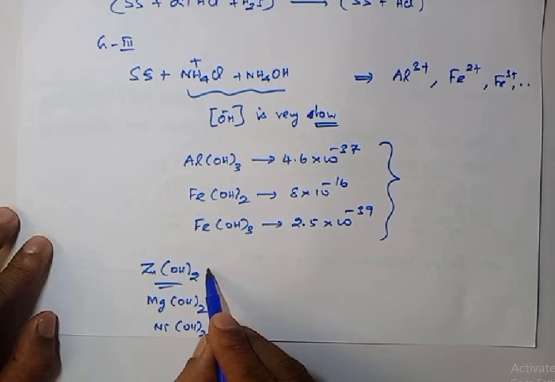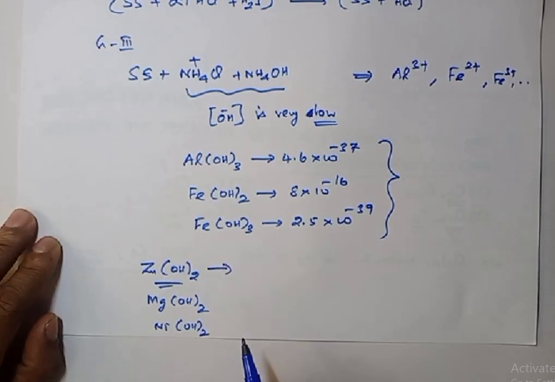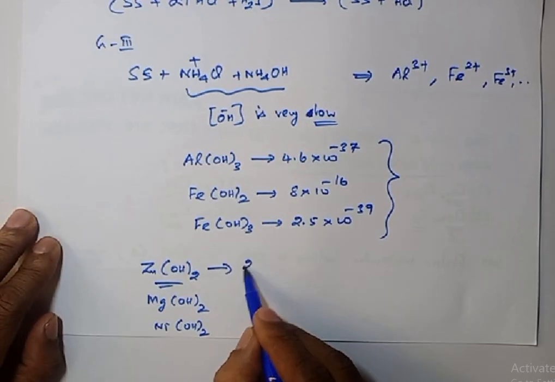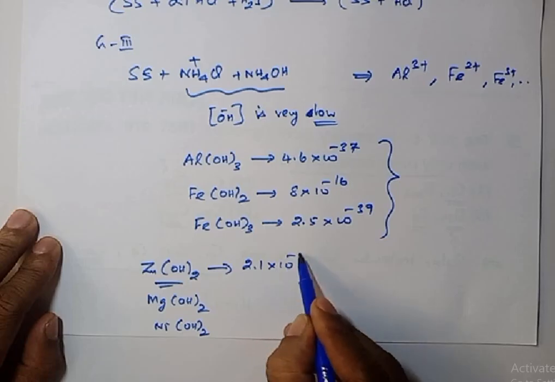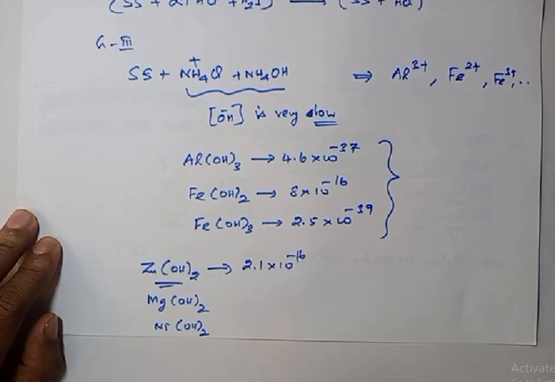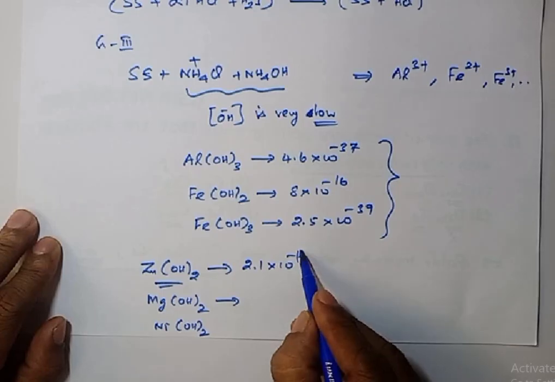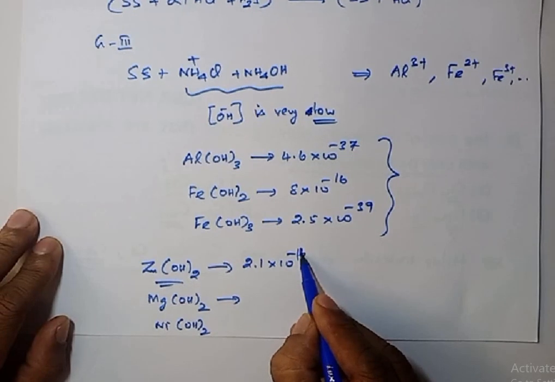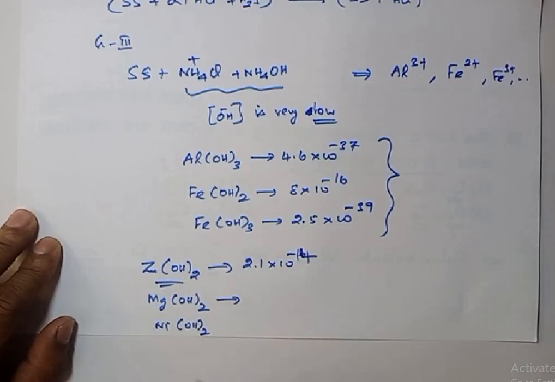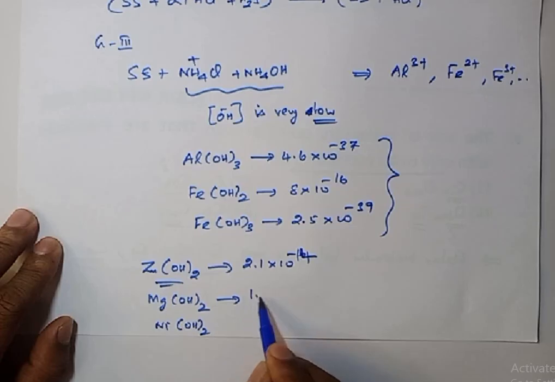Why? For zinc hydroxide, the solubility product value is 2.1 into 10 to the power minus 16. For magnesium hydroxide, the value is 1.8 into 10 to the power minus 11.